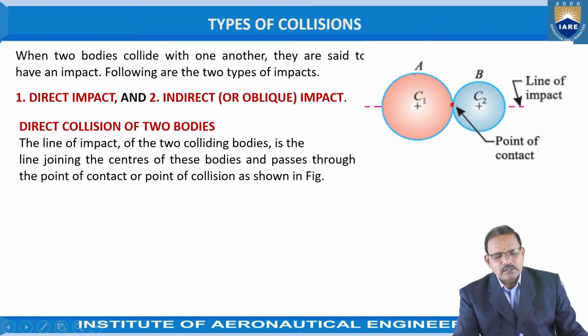That is, the line of impact of two colliding bodies is the line joining the centers of these two bodies and passing through the point of contact or point of collision, as shown in figure. That means C1, C2 and P, which represents the point of collision, these three points should lie in the same line. Then the type of collision is called direct impact or direct collision.